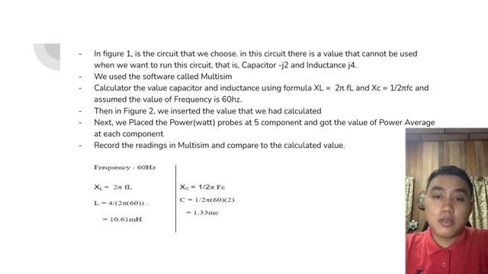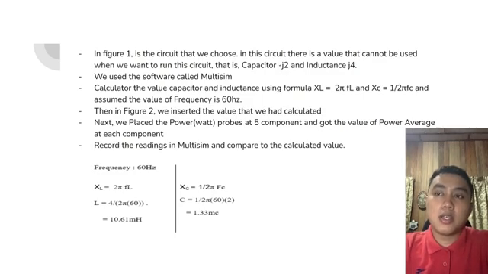Then we use the software called Multisim. We calculate the values of capacitor and inductance using the formulas XL equals 2 pi FL and XC equals 1 over 2 pi FC, and assume that the frequency is 60 Hz. Then in figure 2, we insert the values that we calculated and run the circuit.